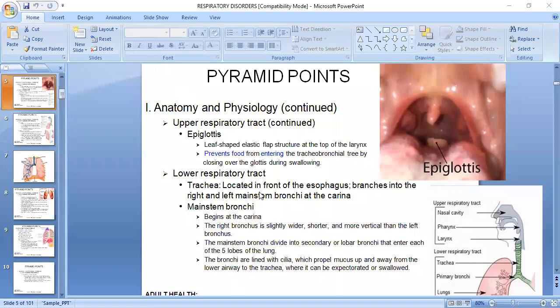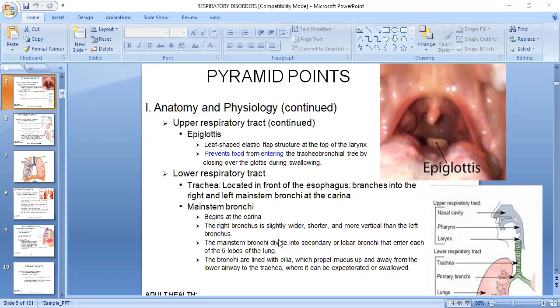So the trachea is located in front of the esophagus, and it branches into the right and left mainstem bronchi. This is the trachea, and it bifurcates into two branches, and the point where the mainstem bronchi begin is called the carina.